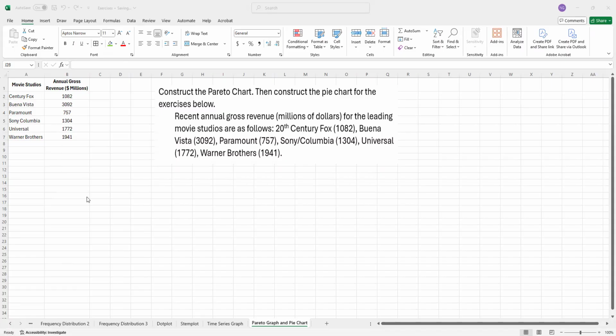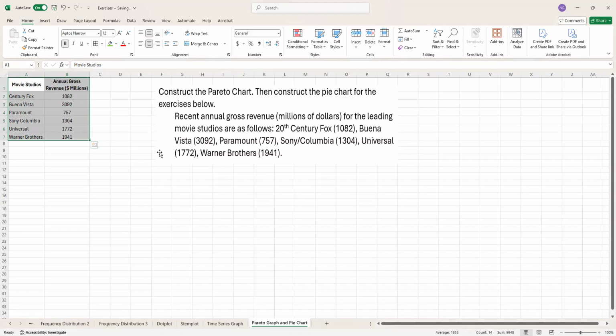First of all, if you want to construct a bar chart or bar graph, I can select these two columns of data. I rewrote the information given in the exercise: recent annual gross revenue for the leading movie studios. I put one column for the movie studios.